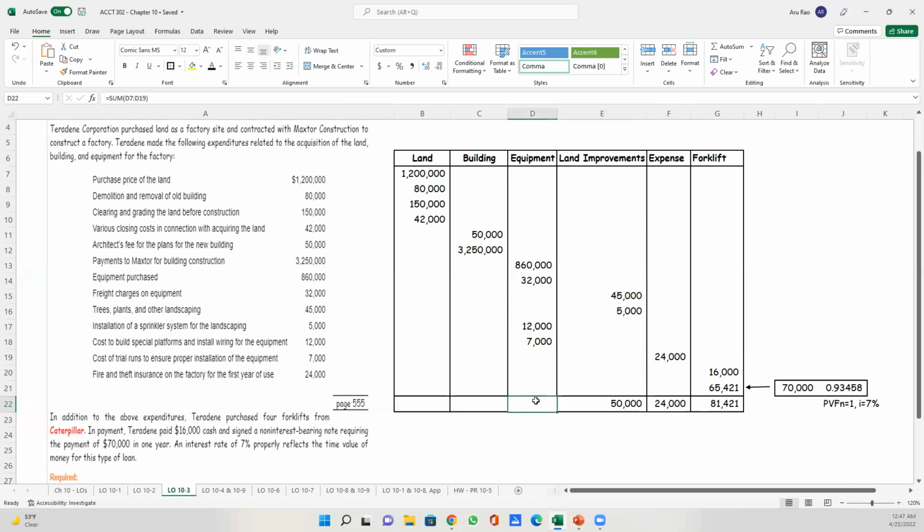Equipment, we add up the numbers to come up with a total of $911,000. Building, we have $3.3 million. And finally, for land, we have $1,472,000.